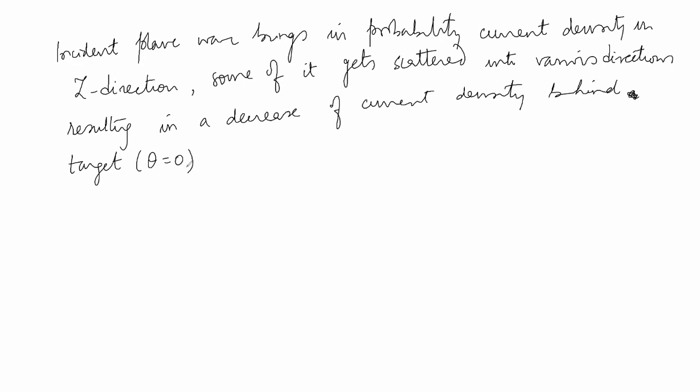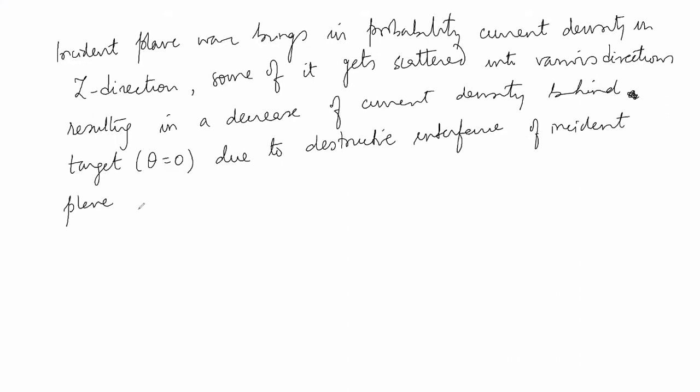Behind the target means I am talking about theta equal to 0, due to destructive interference of the incident plane wave and the scattered wave in the forward direction.